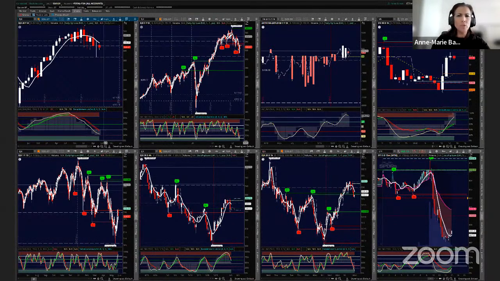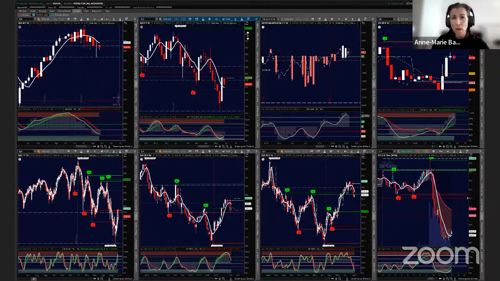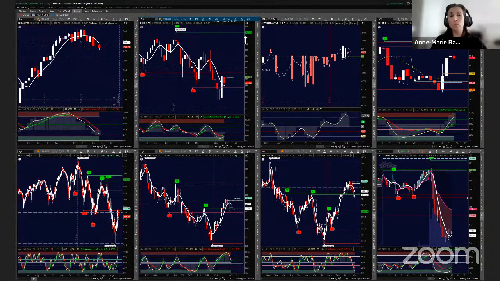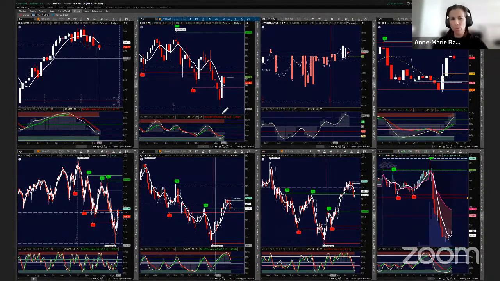So if you're saying to yourself, well, which way is it going to go? Nobody knows. But what you can do is think about what is happening and how traders are looking at price. You can see that we are making a series of lower highs and lower lows.